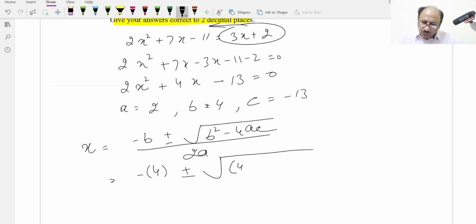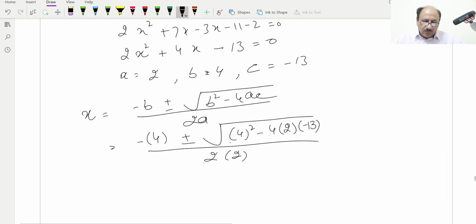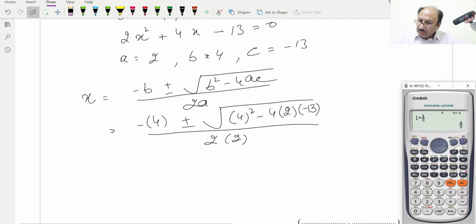So b square means 4 squared minus 4 into 2 into minus 13 divided by 2a, which is 2. So now we have to just solve the equation, and this will be minus in brackets 4, and I will take the plus value first and then I will take the negative value as well. So this will be 4 squared minus 4 into 2 into minus 13 and divided by 2 into 2.